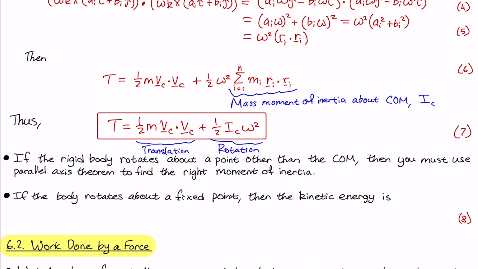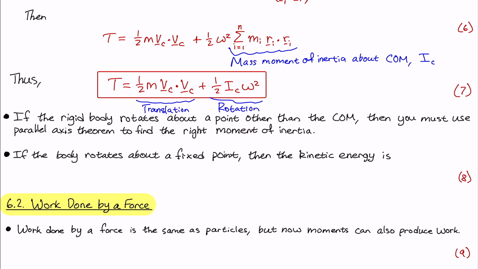Okay, so if a rigid body rotates about some point other than the center of mass, then in general you want to use the parallel axis theorem to find the right moment of inertia. If the body rotates about a fixed point, then you have two choices. You can either use this general formula in equation 7, and we'll see that in an example, and it automatically takes into account the parallel axis theorem, or you can just apply the parallel axis theorem.